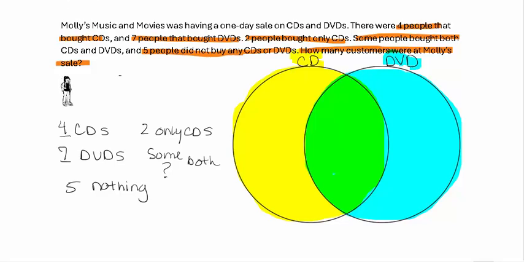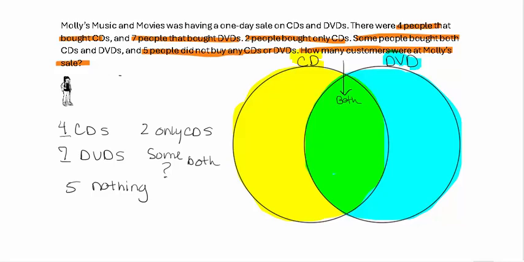Let's use the people to kind of show what's happening here. And what do we get when we mix yellow and blue? We get green, right? And this little circle, this overlap area, is the people that bought both CDs and DVDs.